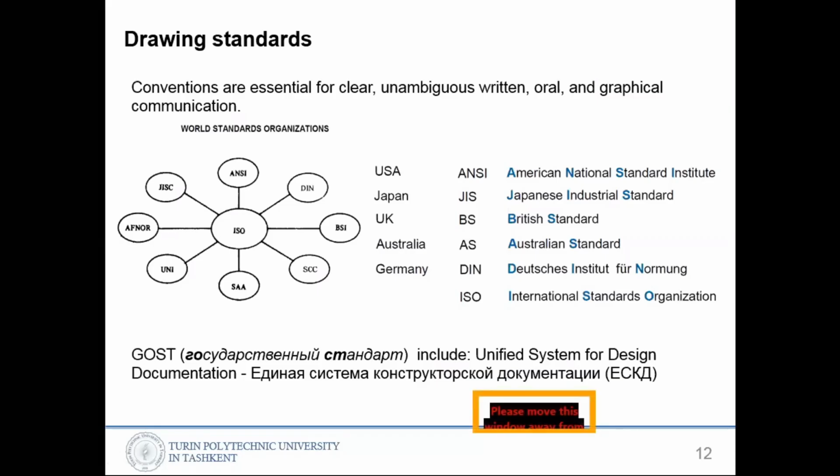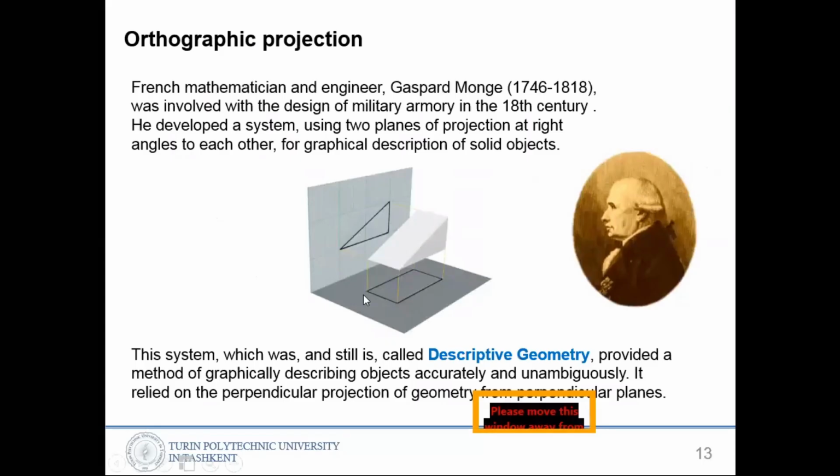So it's similar to this. Okay, so there is orthographic projection. What is orthographic projection? As I told you at the start of our lecture, we are studying descriptive geometry topics also. Descriptive geometry was invented by Gaspard Monge. He was a French mathematician and engineer, and he was a military minister at that time.